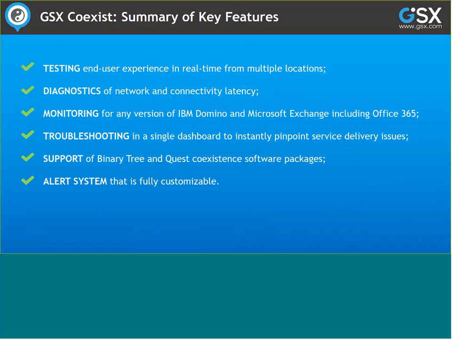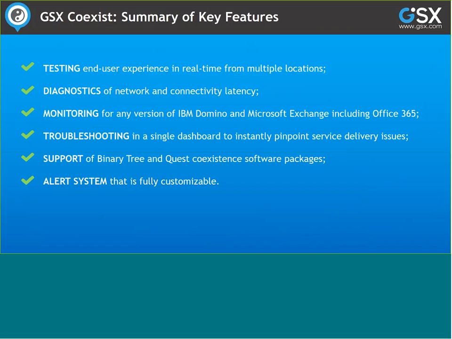So just maybe to summarize a little bit the key features of GSX Coexist. So we went through different use cases. You've seen the different features that GSX offers to prevent and limit those impacts in terms of failures or impact on performance.